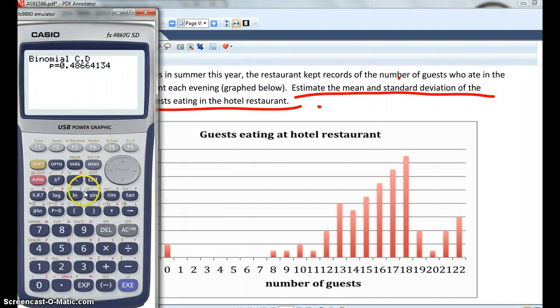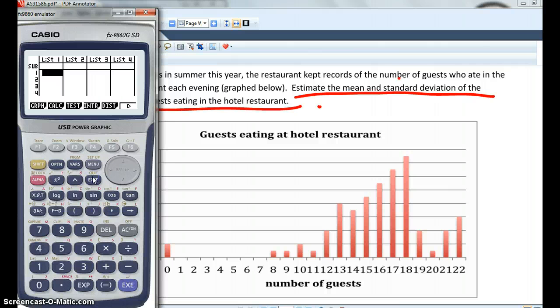So if you go exit, now we have an outcome of 0, and an outcome of 8, 9, 10, 11, 12, 13, 14, 15, 16, 17, 18, 19, 20, 21, 22. Alrighty. Now for the outcome of 0, what was the frequency? 2.